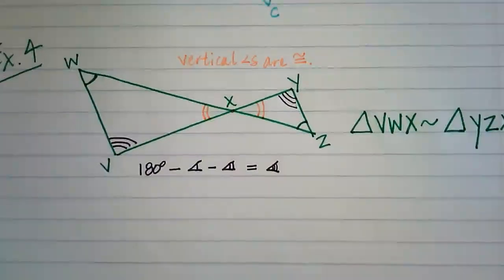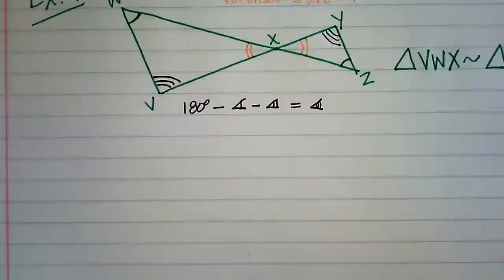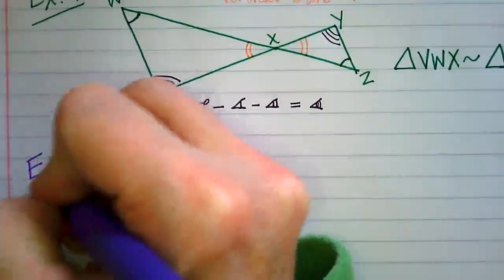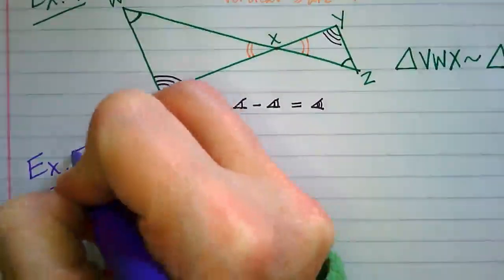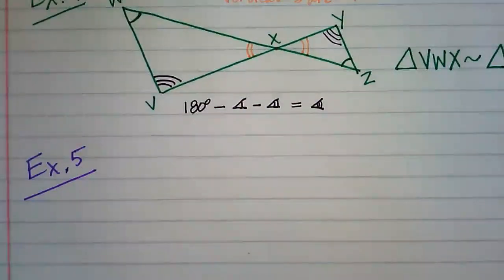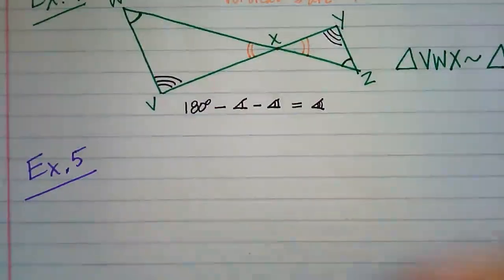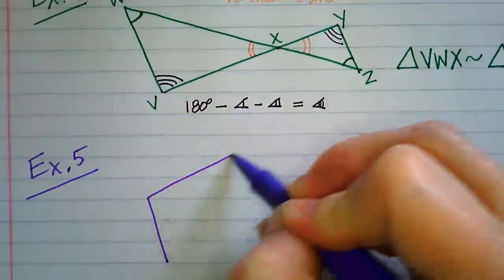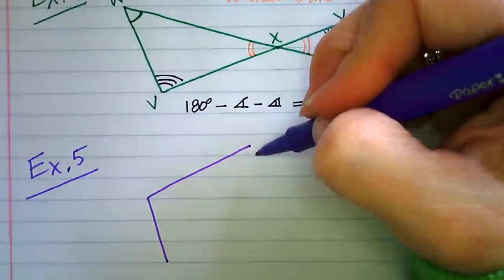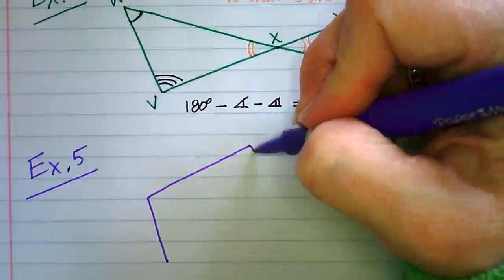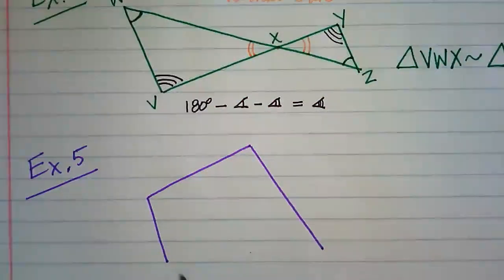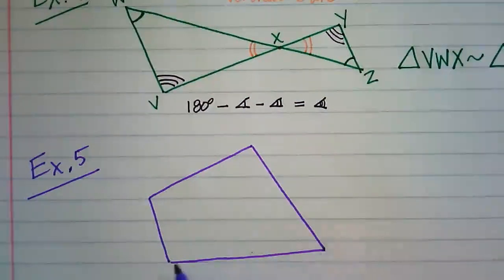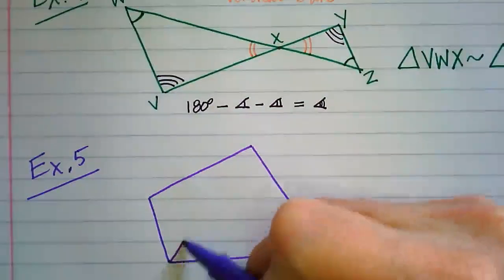Let's say that for example 5, so example 5 here. All right, so give me just a second to draw this one. This is going to be awful, but as always, we'll just pretend. Okay, this is getting worse by the minute here.